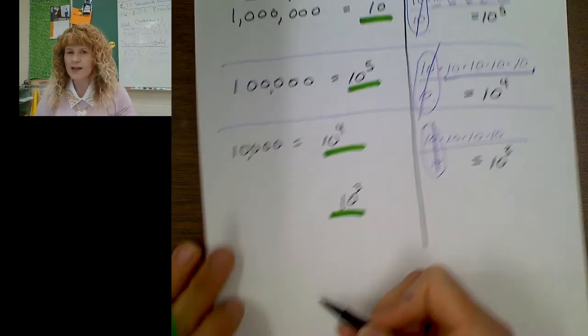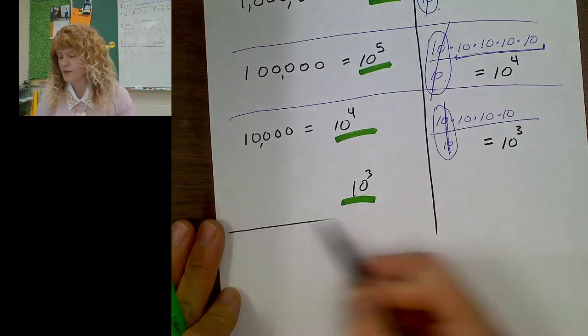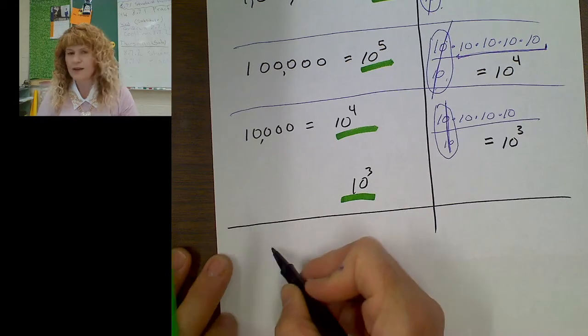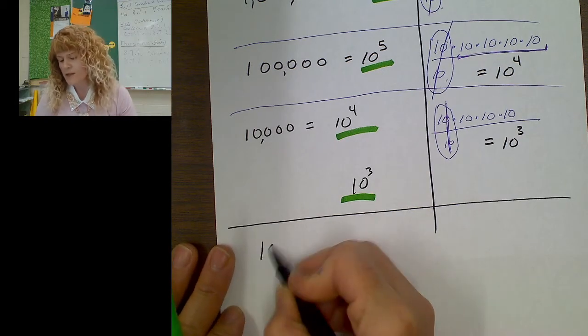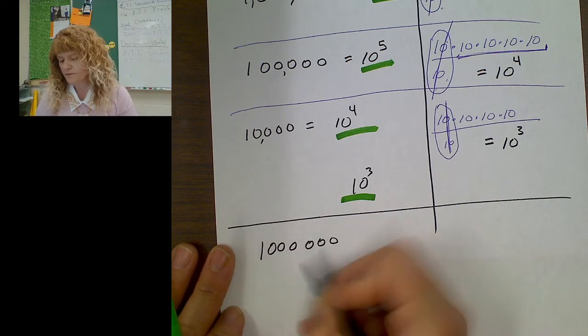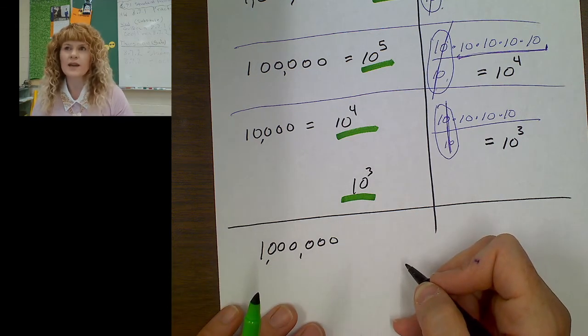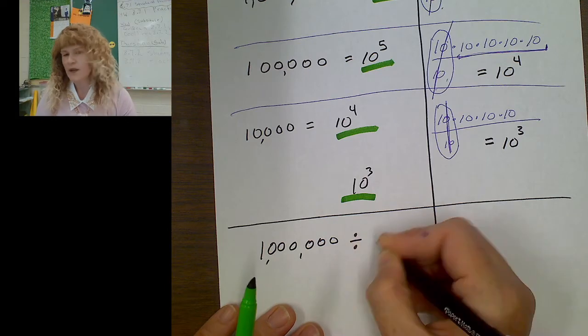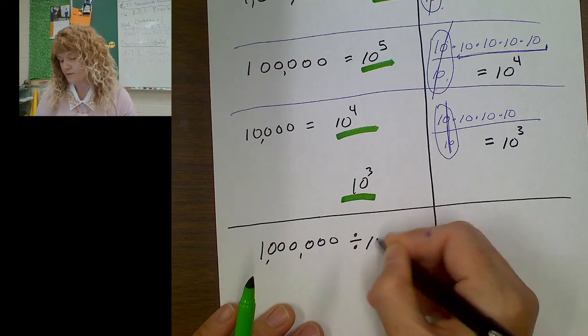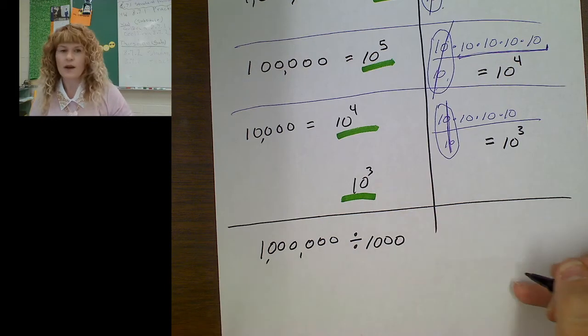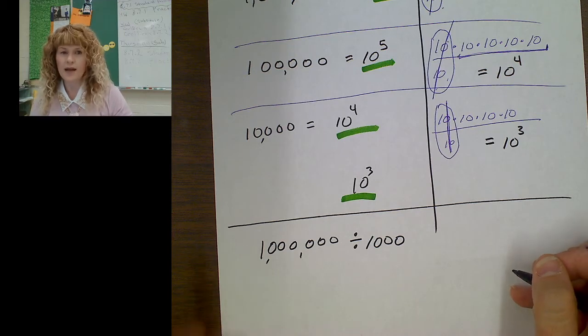Let me try something very similar, but a little different. Now, how about if I go back to 1 million, and let's say that I divide by 1,000. Okay, 1 million divided by 1,000.